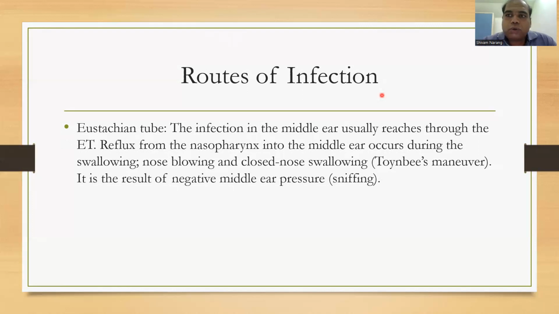Closed nasal swallowing is known as the Toynbee maneuver. It is the result of negative pressure in the middle ear, that is sniffing. This all leads to ascent of infection from the nasopharynx to the middle ear cleft or the middle ear proper. So the primary requirement is infection in the nasopharynx.